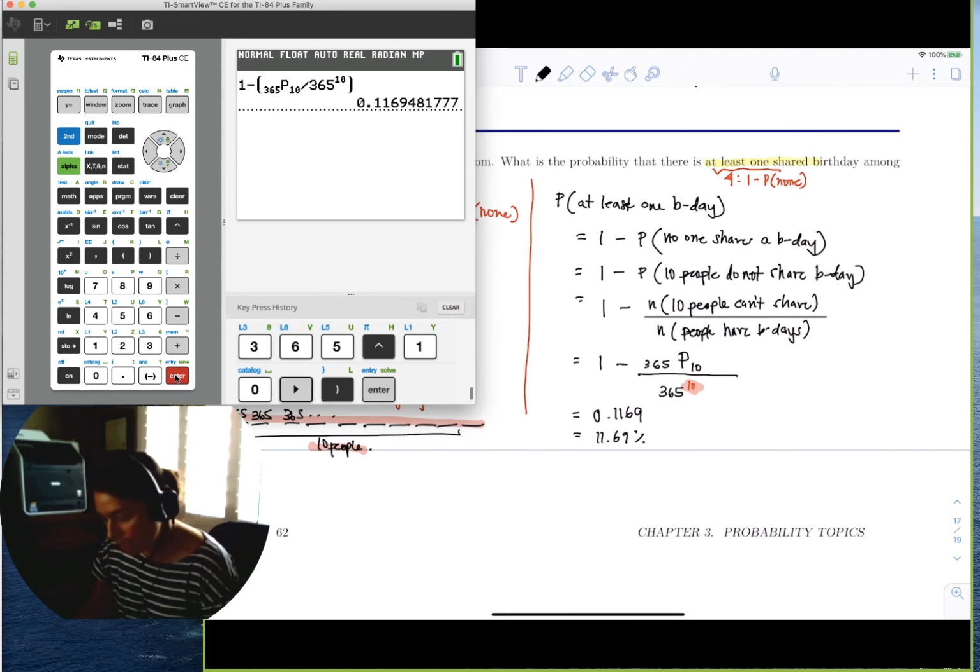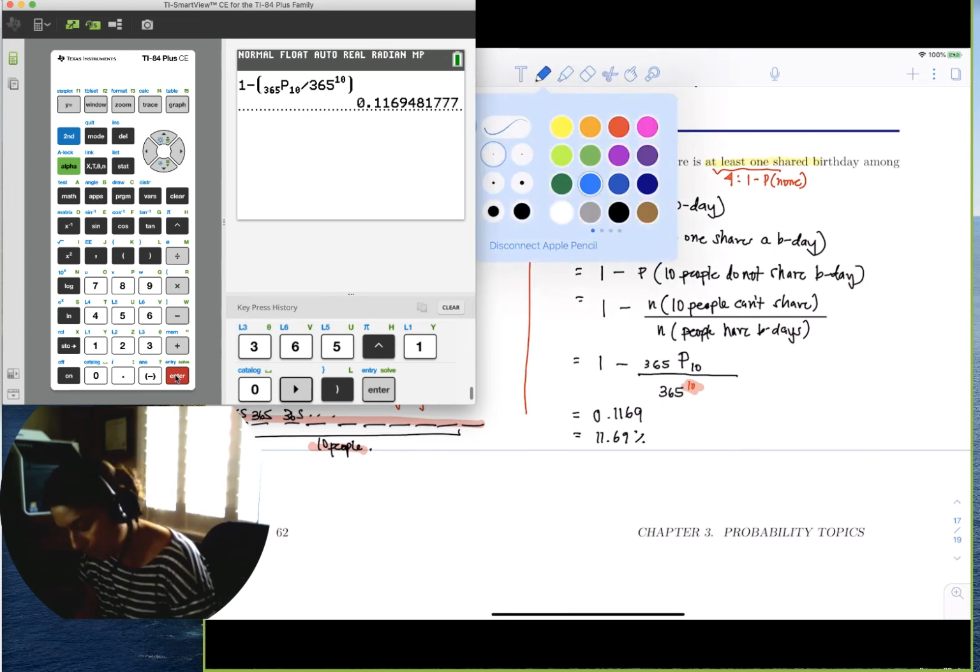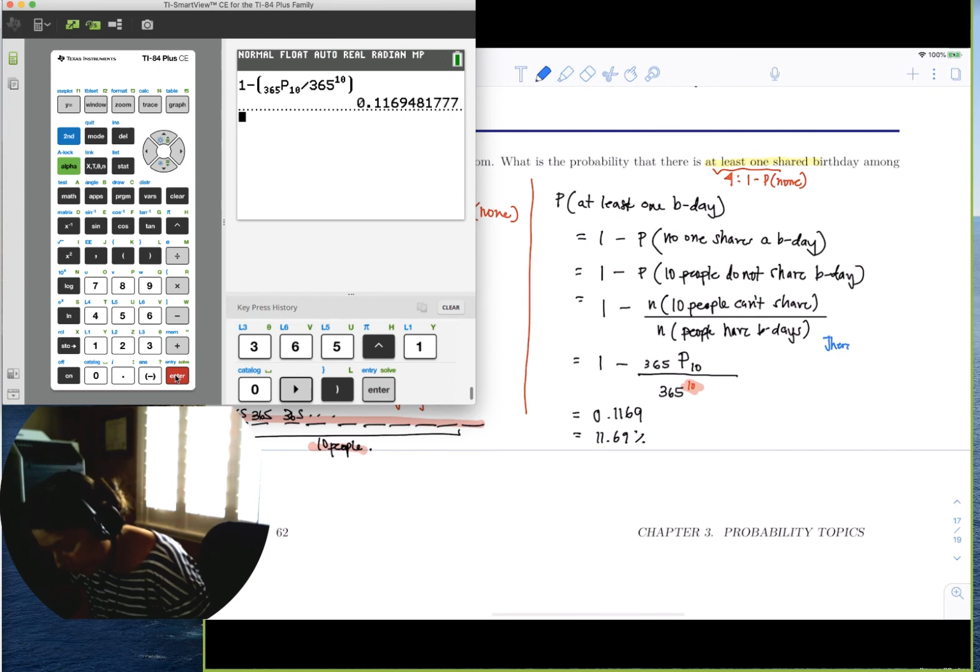So there is an 11.69% chance someone shares a birthday among 10 people. That's a pretty high percentage, right?